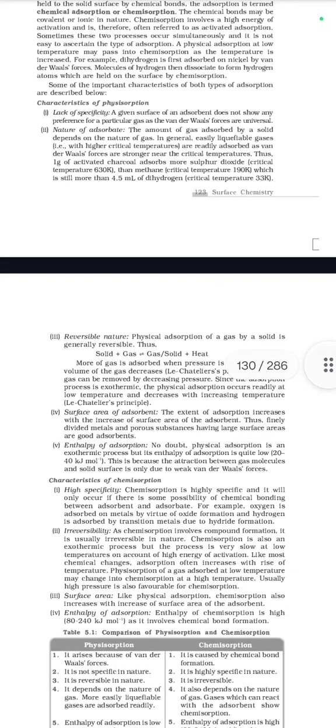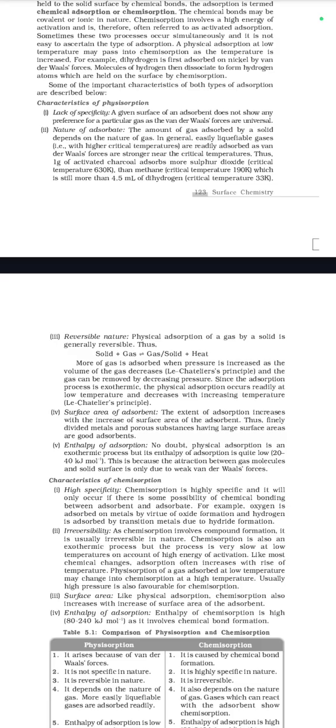Characteristics of physisorption. Lack of specificity: a given surface of an adsorbent does not show any preference for a particular gas, as the van der Waals forces are universal. Nature of the adsorbate: the amount of gas adsorbed by a solid depends on the nature of the gas.